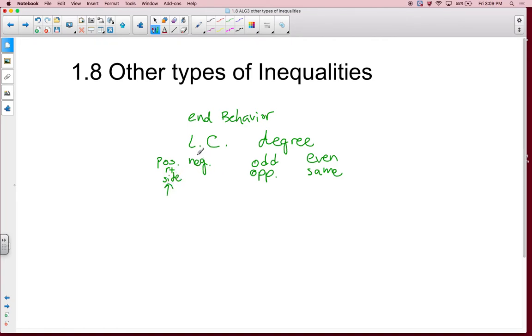If the leading coefficient, the first number in front of the variable with the highest degree, is negative, that means that the right side will be going down. And then from there, you could say what the left side is doing, because if it's an odd degree, it goes in the opposite direction, even degree, same direction. So we want to keep this in mind as we're doing these.